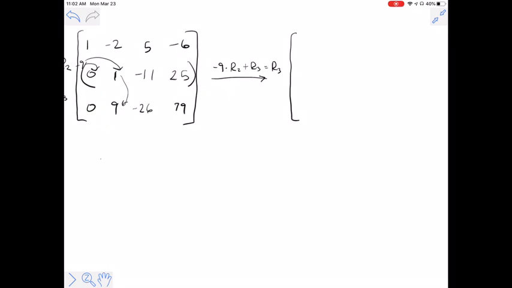So -9 times 0 is 0, and the 0 plus 0 is 0. And then -9 times this 1 is -9, plus 9 right here is 0. -9 times -11 is 99. And then we have 99 minus 26. It looks like 73.